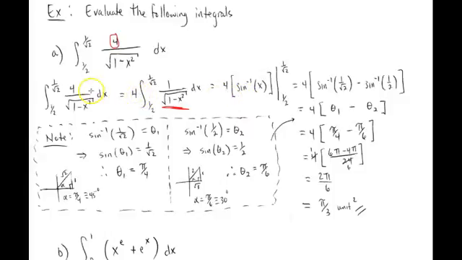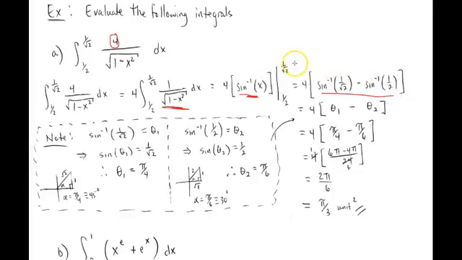So once we factor out that 4, we just take the antiderivative, which is sine inverse, and evaluate that from 1/2 to 1 over square root of 2.